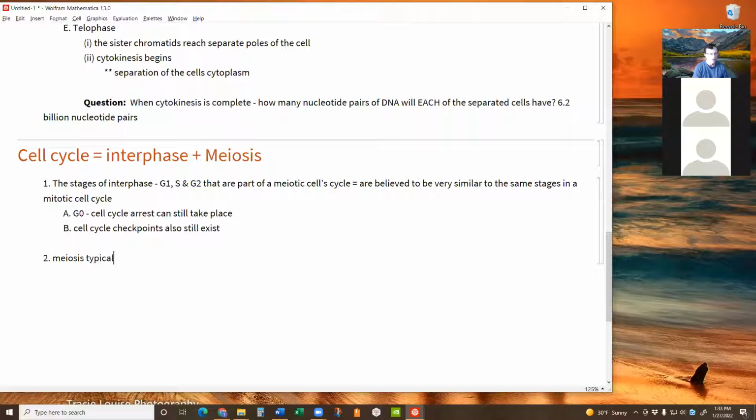Okay, so meiosis typically has 2 stages, okay? Meiosis 1 and meiosis 2. And these stages might in fact be separated by a brief time of non-nuclear processes, which would represent a miniature interphase 2, okay? These stages in some cells are separated by an interphase 2 period.